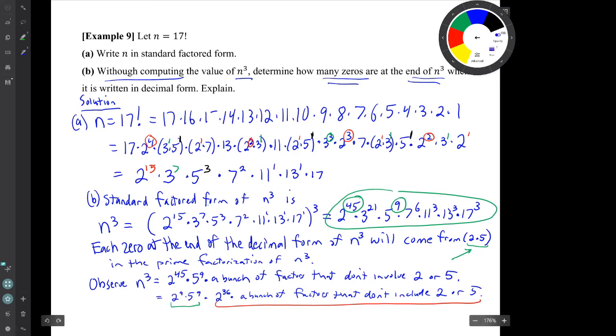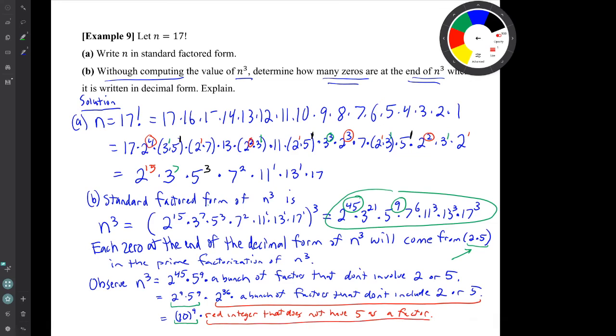We can write this again. So when I think about rearranging the factors of n cubed, I realize that I can rewrite n cubed as something that has 10 to the 9th times some red integer that does not have 5 as a factor.